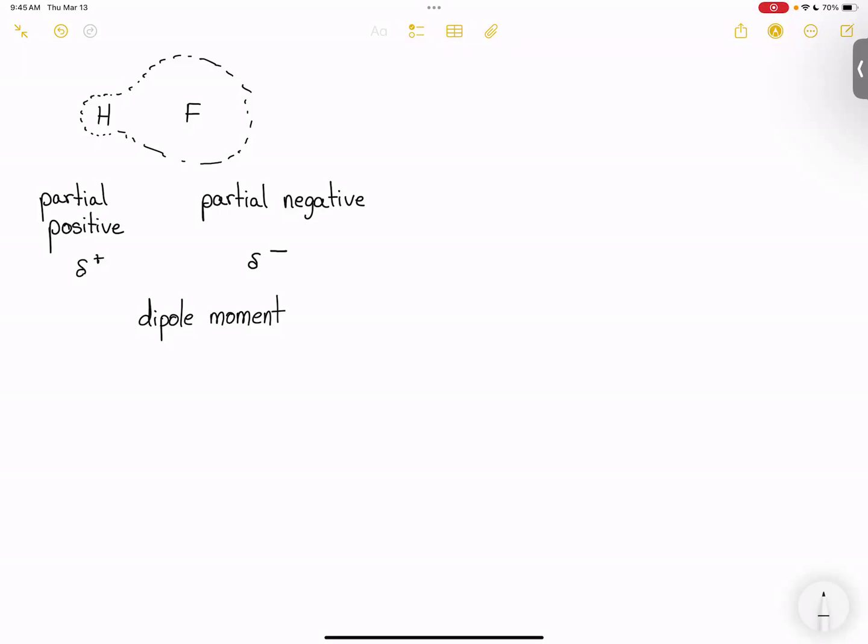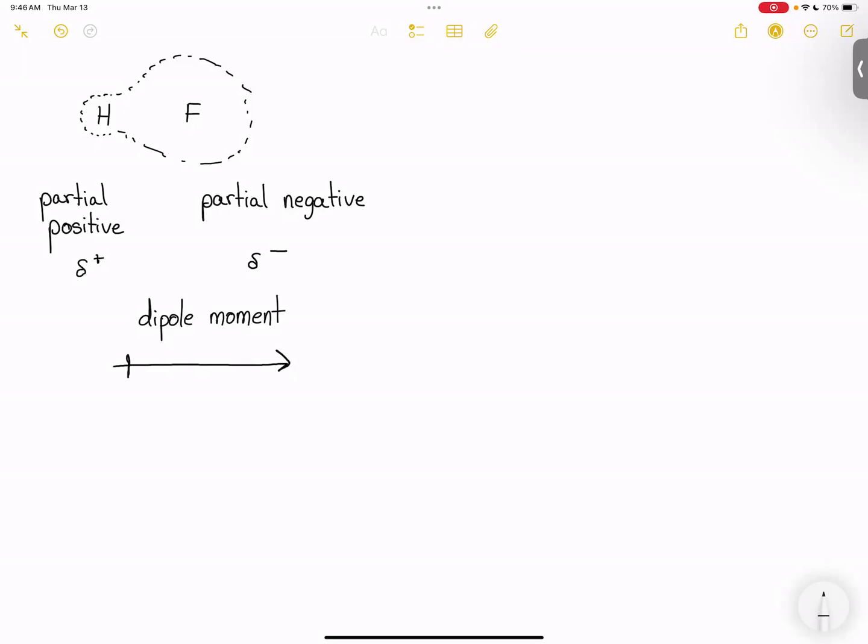That arrow always has the head of the arrow pointing towards the negative, the partial negative. And on the opposite end of that arrow, it has the fletching, which in this case looks like a positive sign.